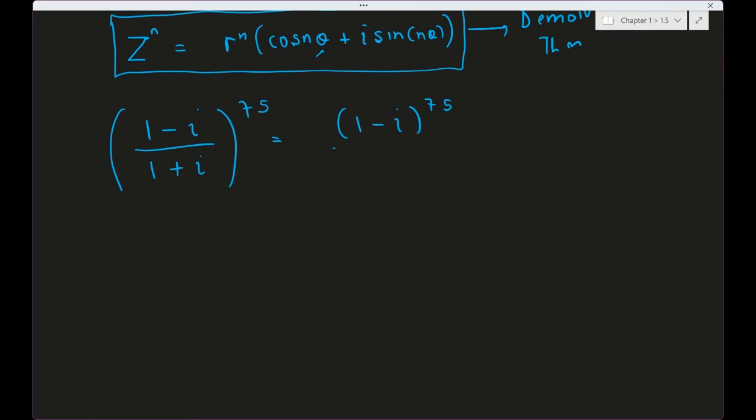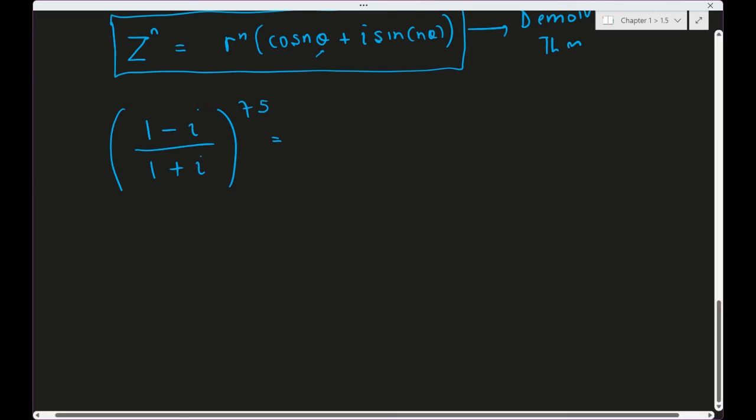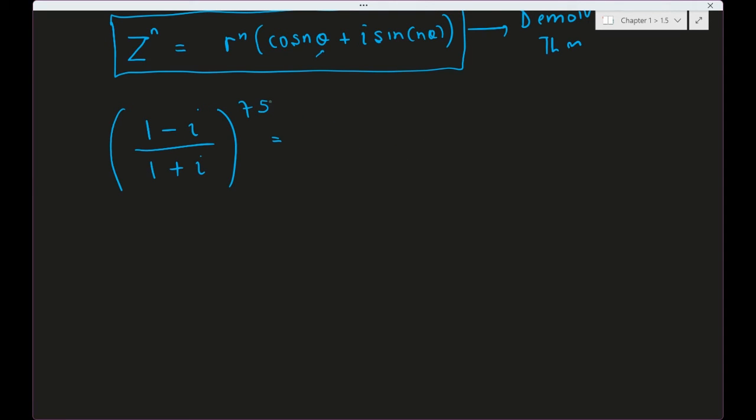Many students divided the power by 4 as usual, and they arrive at this one, and the remainder here is 3.